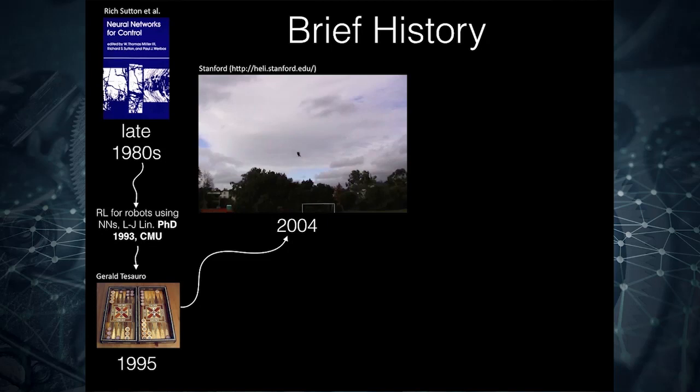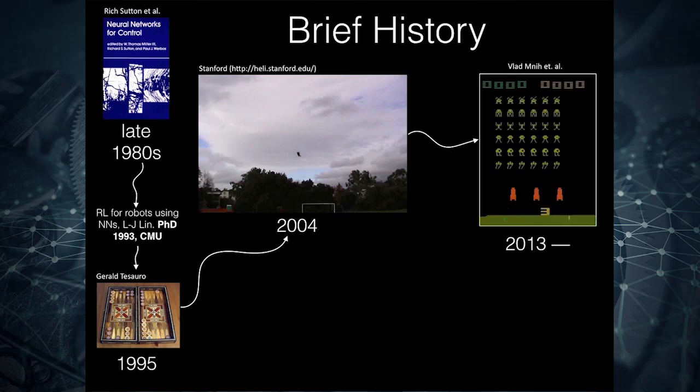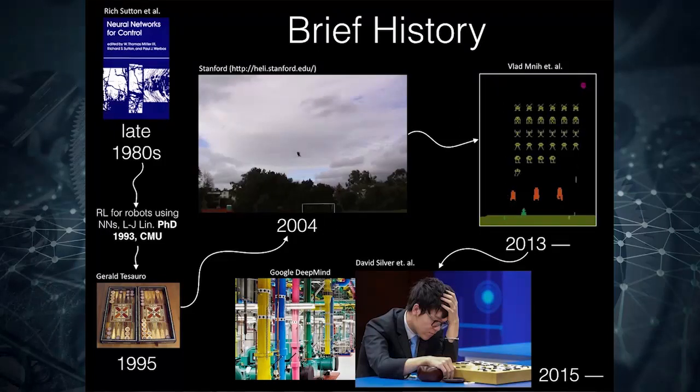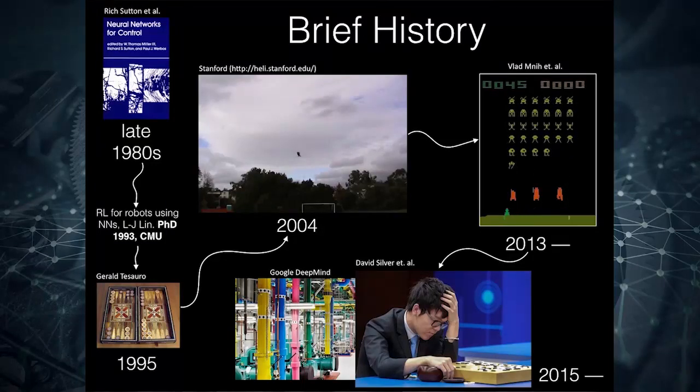Meanwhile, deep learning matured a bit, hardware got better, and RL theory advanced as well. And come 2013, this happened. And following that, we know that RL was used to train a neural network that actually outperformed the world champion at Go, just last year.